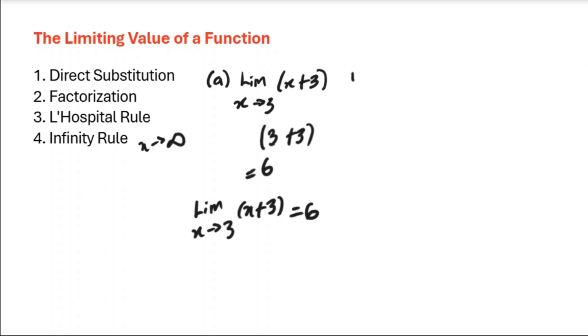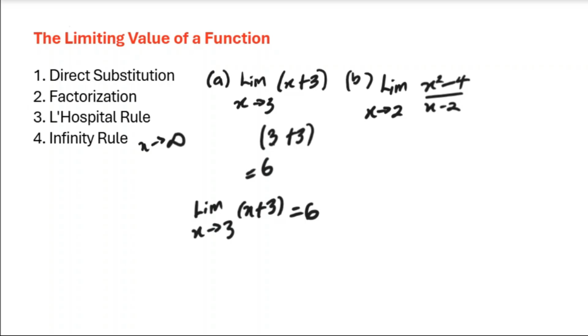Let's say we have example 2. We are to evaluate the limit as x tends to 2 of x squared minus 4 divided by x minus 2.